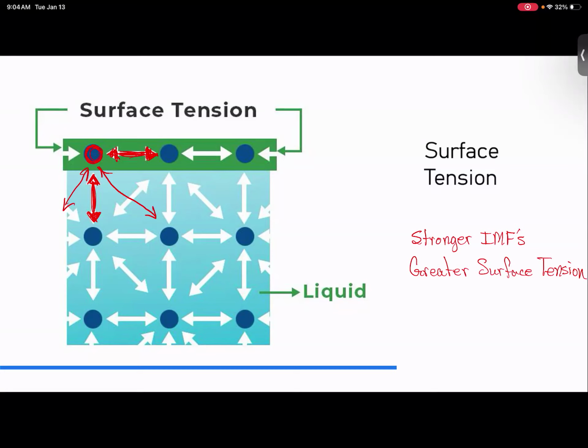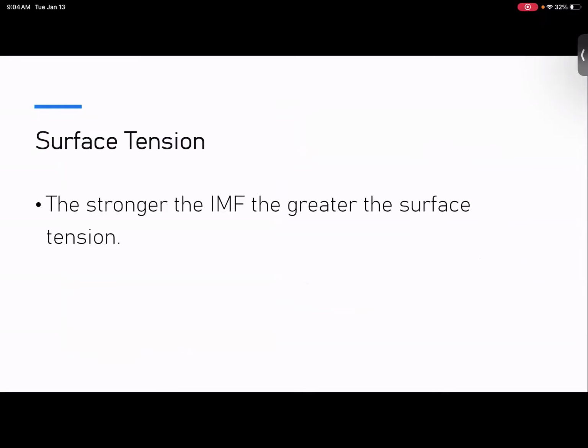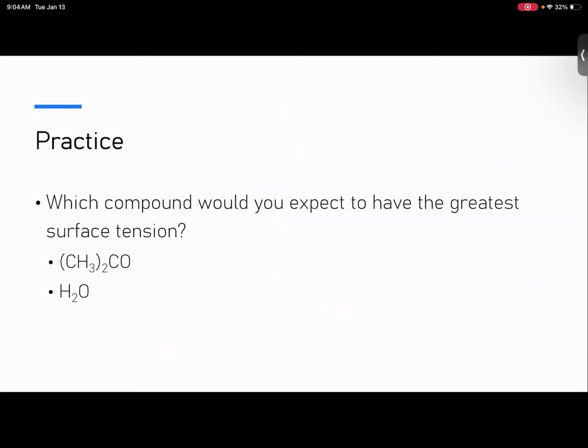It's surface tension that is also responsible for why you can, for a good amount of time, add drops of water to the top of a penny and it forms this bowl. It's all based off of surface tension and how well the molecules are pulling on each other. I forgot I put that slide in there. The stronger the IMF, the greater the surface tension.